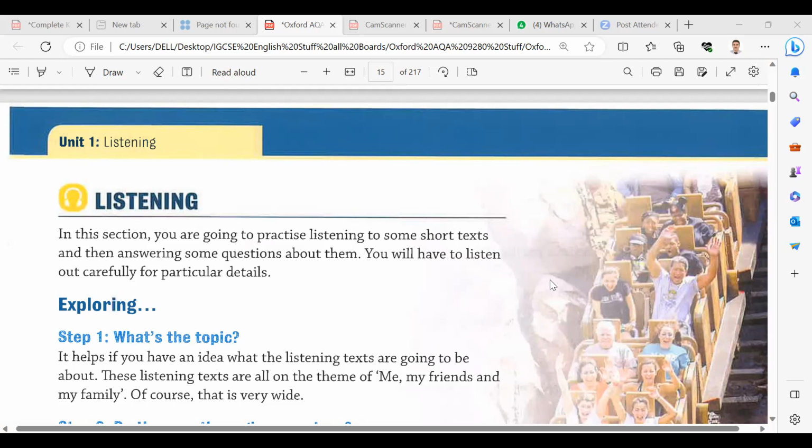The listening paper contains 5 tasks. The first one is monologue, the second is dialogue, the third is monologue, the fourth is dialogue, and the last, fifth one is monologue. Exactly.